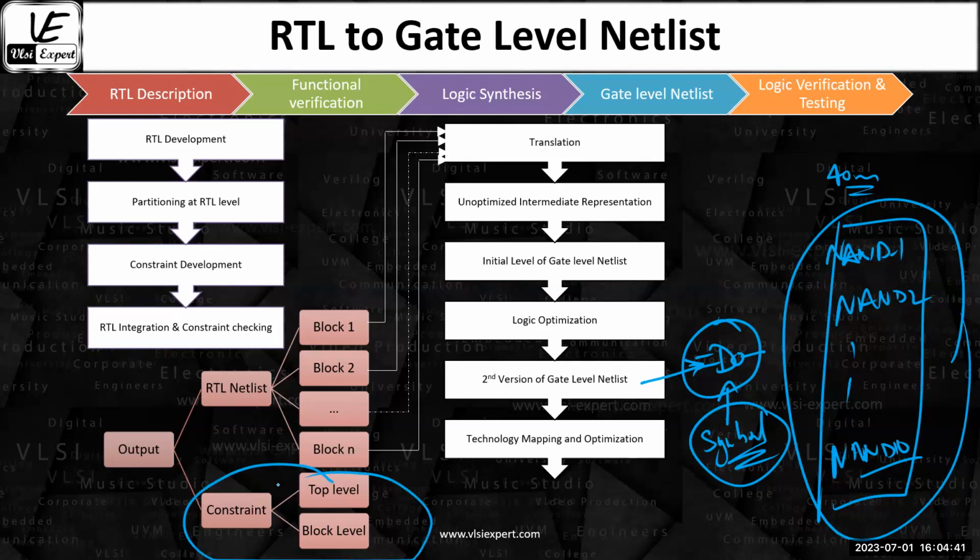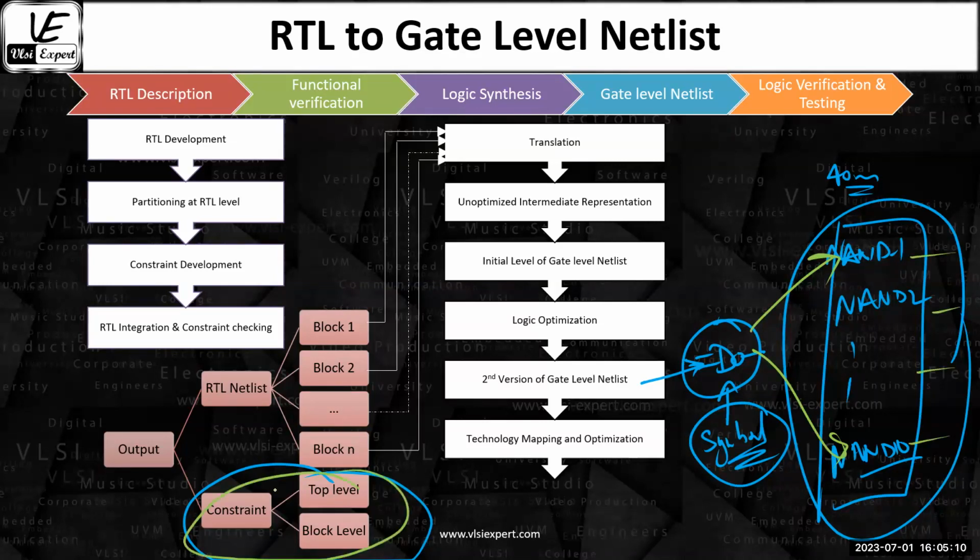And these constraints can be power constraints, physical constraints, or timing constraints. On the basis of that, it will decide. That is known as a part of optimization. Now this NAND gate can be mapped to NAND 1 or to NAND 10, depending upon the specifications and the constraints of your design.